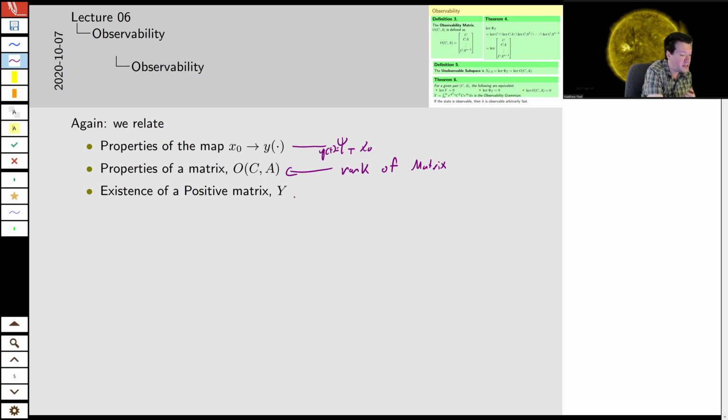And then we've related it to the existence of a Lyapunov function, which is the observability Grammian. And then, of course, the existence of a positive matrix allows us to pose the problem as an LMI.